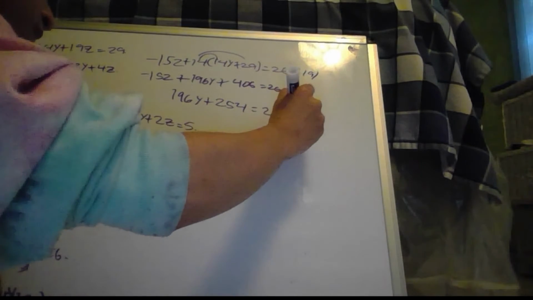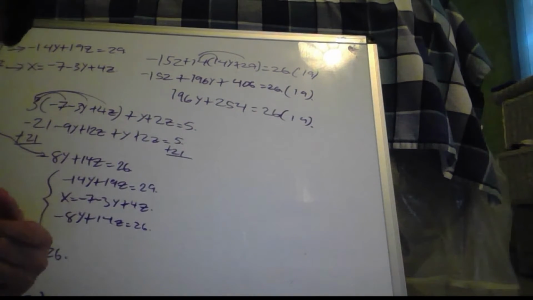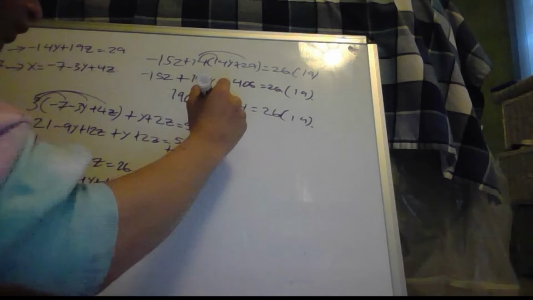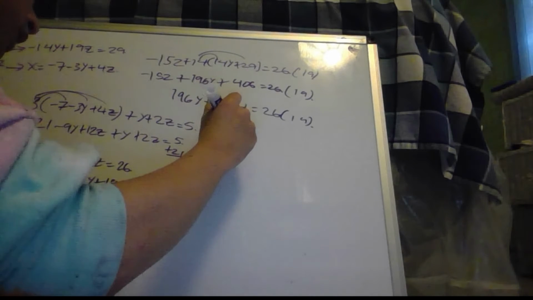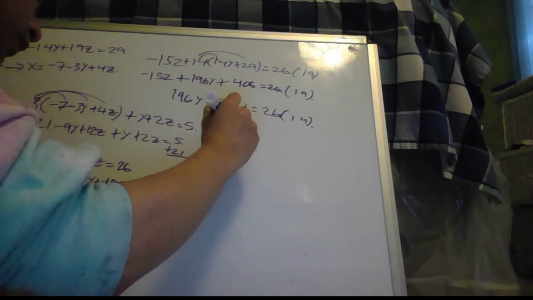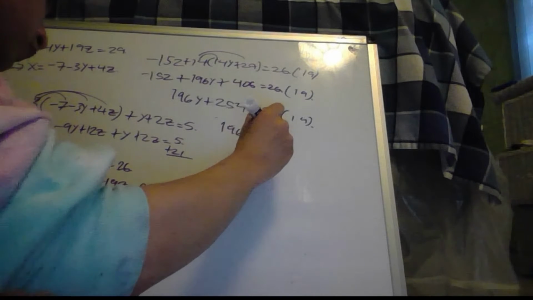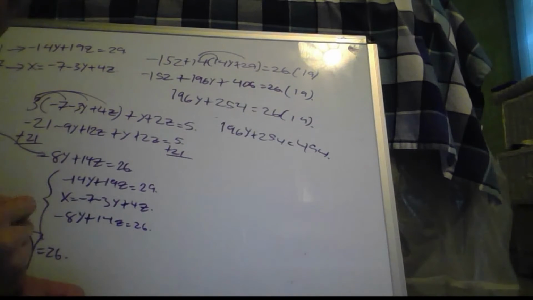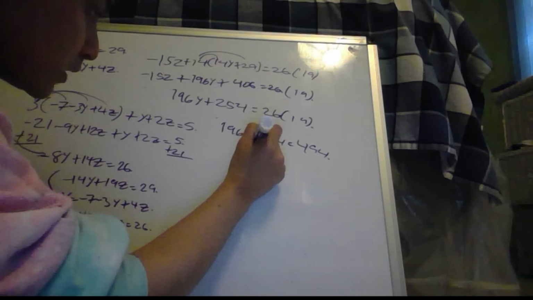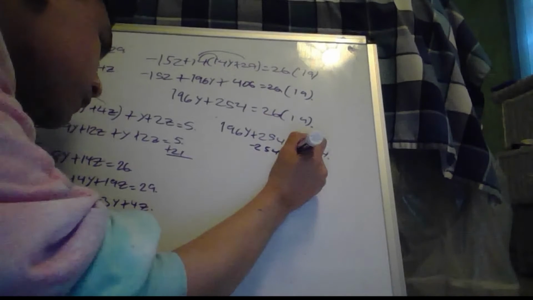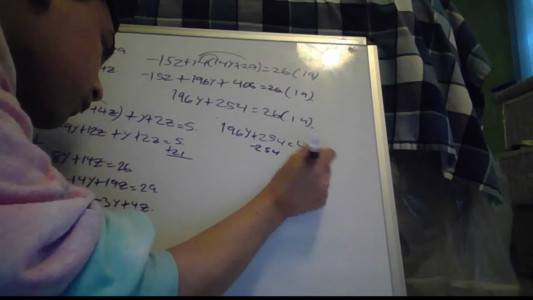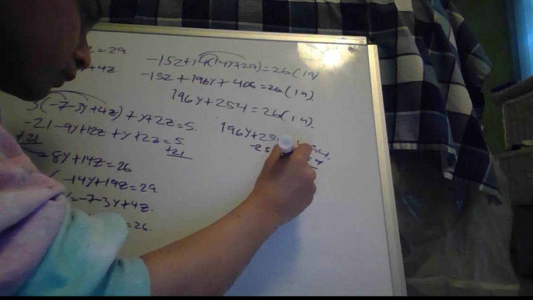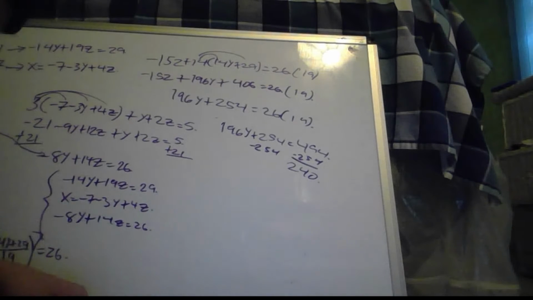Oh my goodness, this is what I'm talking about. 26 times 19 is 494, so it's going to be 196y plus 254 equals 494, right? You're going to subtract 254 on both sides. You get 240, right?